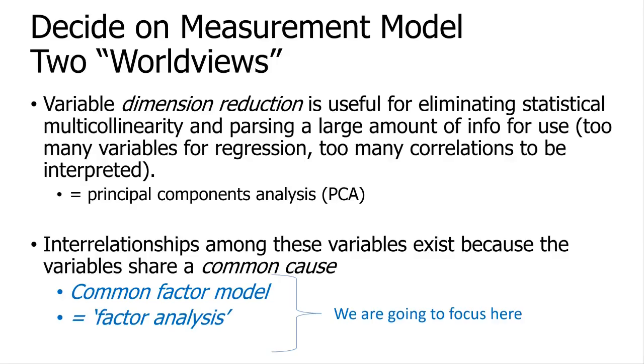The other worldview or paradigmatic approach to factor analysis is entirely as a dimension reduction technique, where you are eliminating multicollinearity, which is highly correlated variables, for example, that are going into a regression together and should not be entered simultaneously into a regression model, or you are parsing out when you have too much information that's useful, so too many variables altogether for predictors in a regression, or a correlation matrix that's too large to be interpreted.